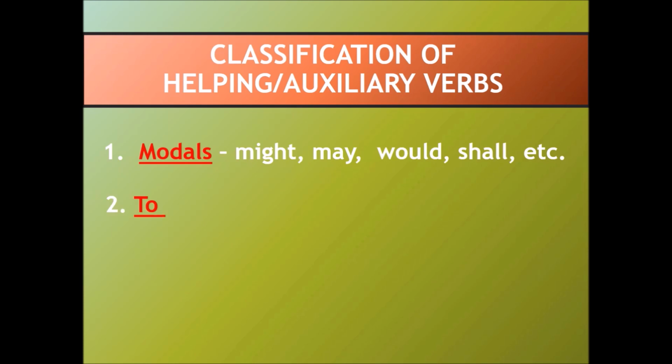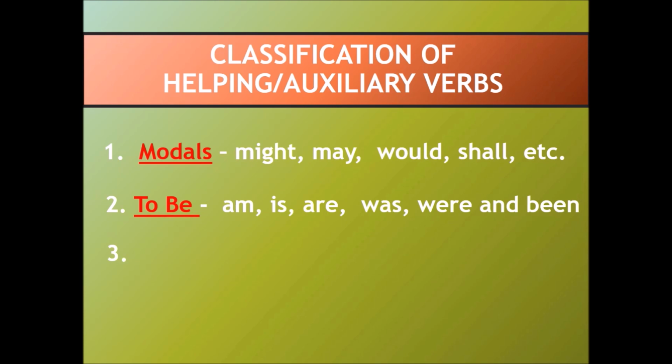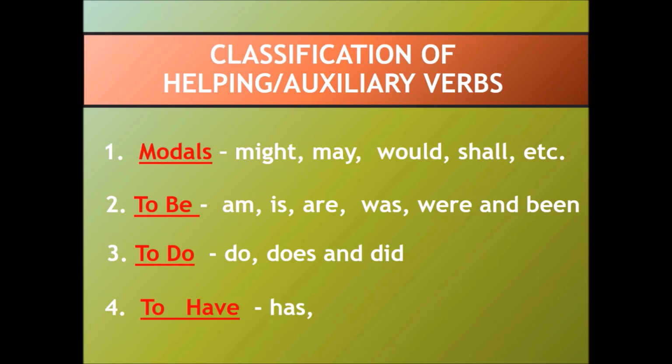Then for the to be, examples are am, is, are, was, were, and been. Then for to do, we only have three: do, does, and did. And for to have, we also only have three: has, have, and had.